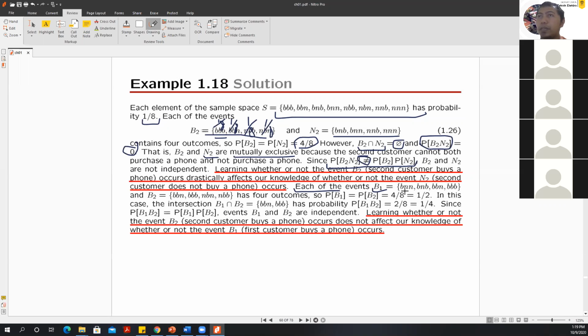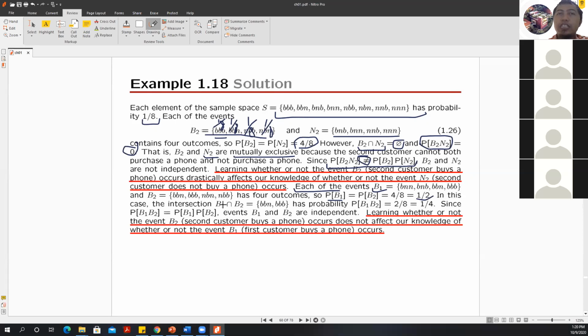We write BNB, BBB, BBN, and NBB. And for B2, we already know BBN, BBB, NBN, and NBB. As for the outcome, the marginal probability of B1 and B2 is equal to 1/2.